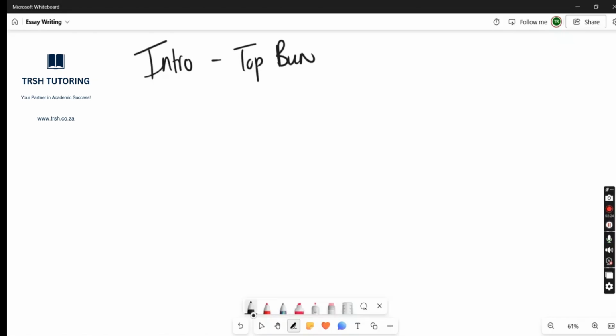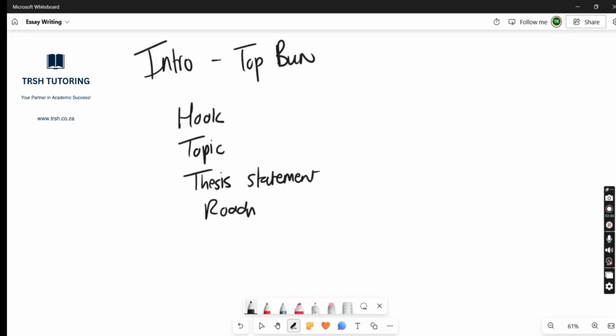For this, the things that you need to include are the following. You need to include a hook, a topic, a thesis statement, and some sort of roadmap as to where this story is going, okay? So that is the formula.